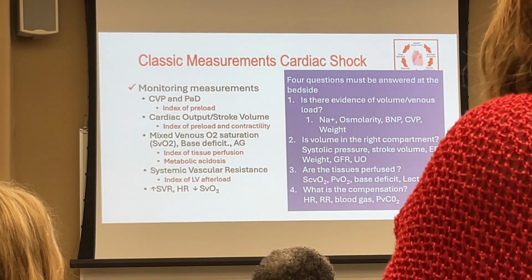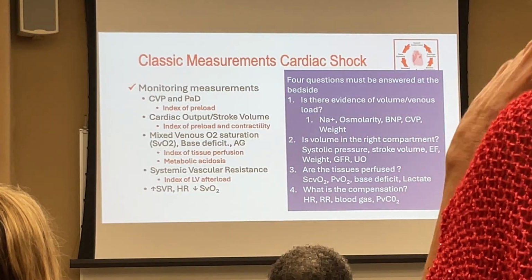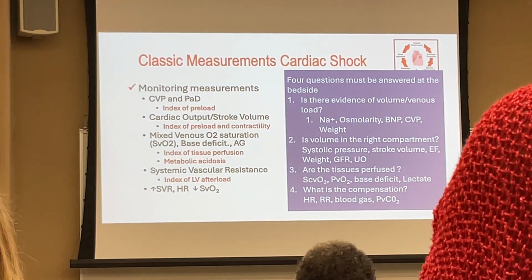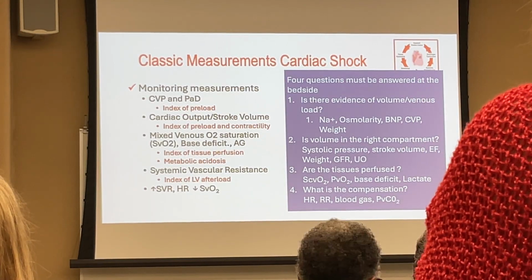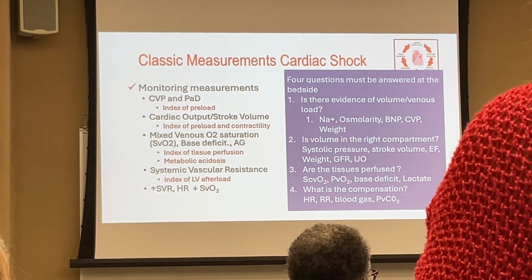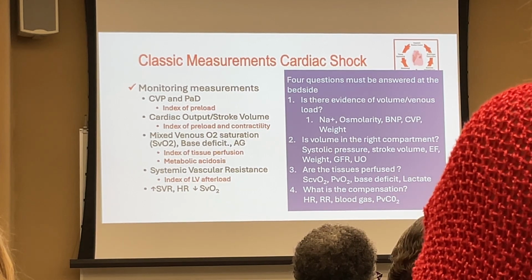Really important, sorry. CVP and PAD indicate whether my ventricle can accept the volume that's been delivered to it. Preload pressure was never meant to be a volume indicator. It's about volume and stretch. When I'm overstretched, I can't stretch anymore, CVP goes up, PAD goes up, wedge pressure goes up.